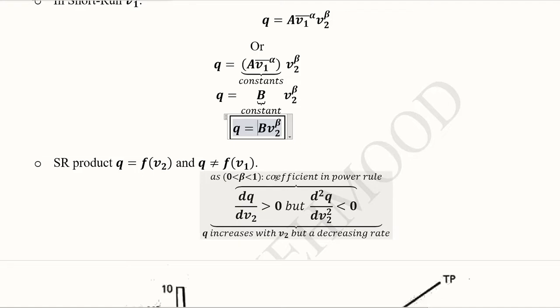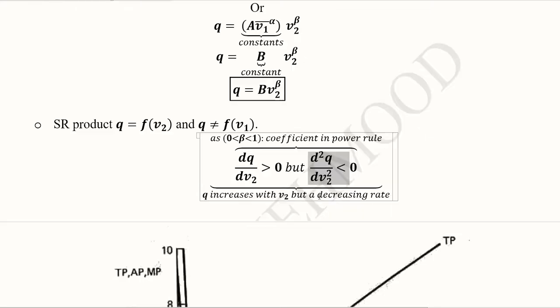So the term will reduce as we calculate more and more, and this will show the diminishing returns to V2.